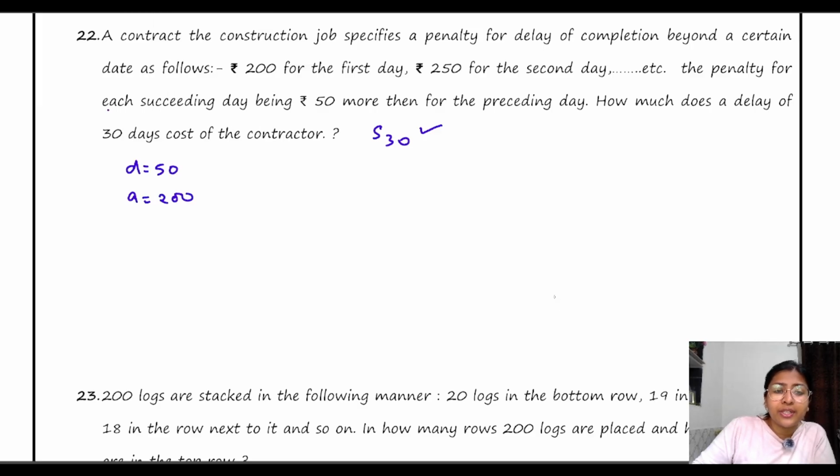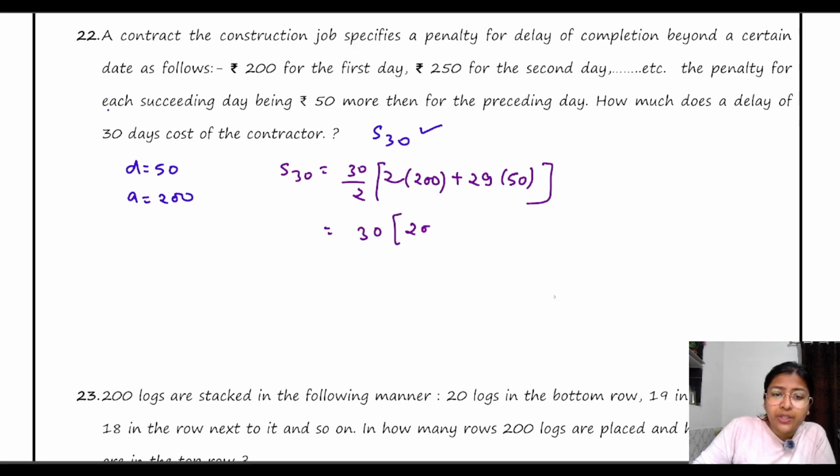Okay, do it. So S30 will be 30 by 2 into bracket 2 into A plus 29 into D. Do the simplification. So 30 into 200 plus 29 into 25. 29 into 25 will be 725.